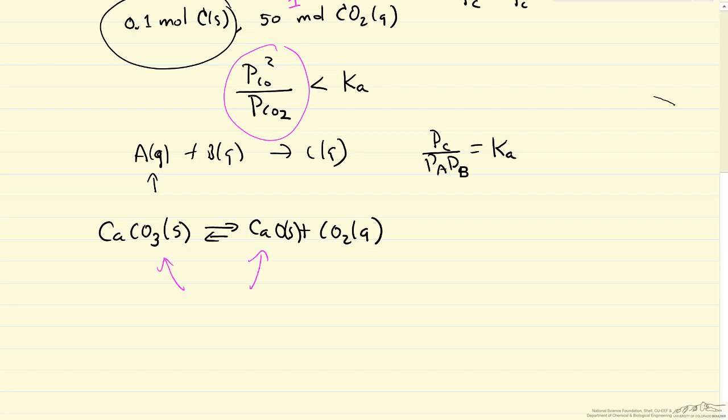These are both solids, but we're assuming they're going to be in different phases. This is important in order to say that the activity of calcium carbonate is 1 and the activity of calcium oxide is 1, meaning calcium oxide is in its own phase and calcium carbonate is in its own phase. And then there's two solids that do not mix.